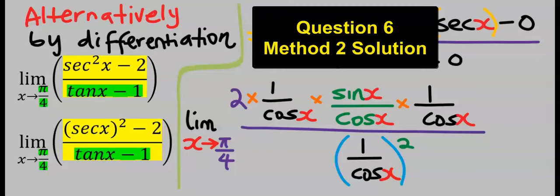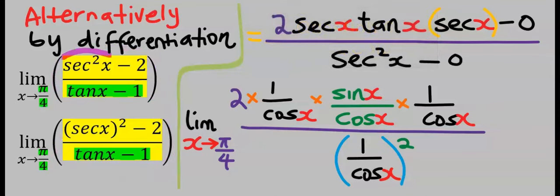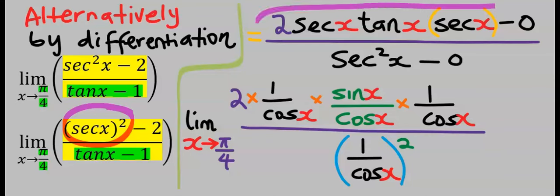Alternatively, by differentiation, this and this function both are the same. Sec squared x is the same thing as sec x all squared. Differentiate sec x all squared, and your answer is 2 sec x tan x multiplied by sec x.